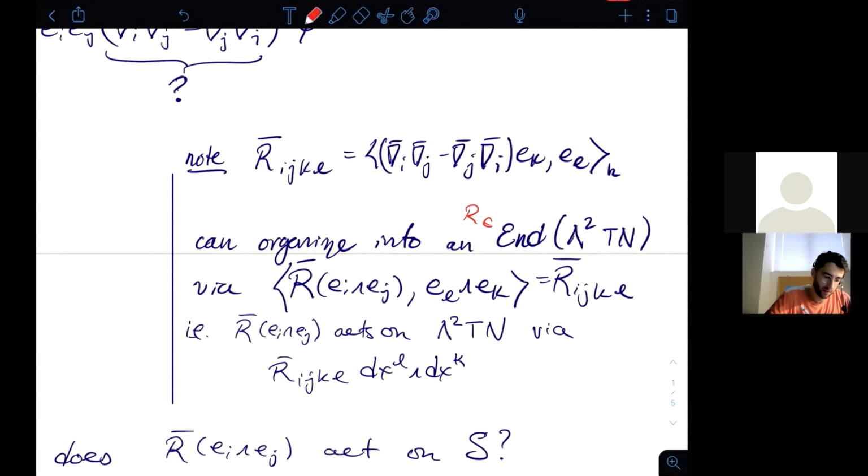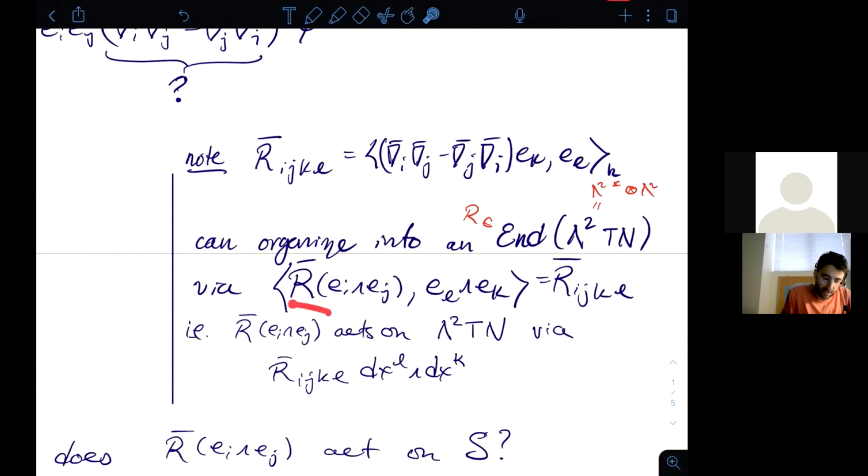You can also view an endomorphism, a map from a vector space to itself, as an element of lambda 2 dual tensor lambda 2. So you can say how, just plugging in a single 2 form into this endomorphism, how that acts on something in lambda 2.